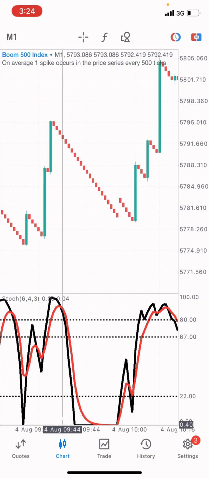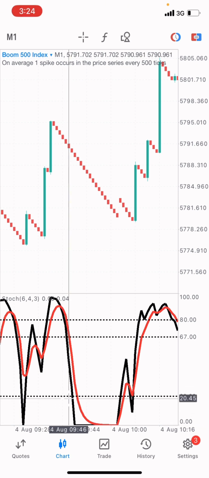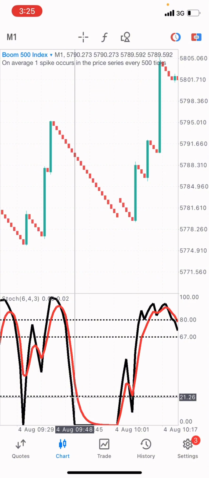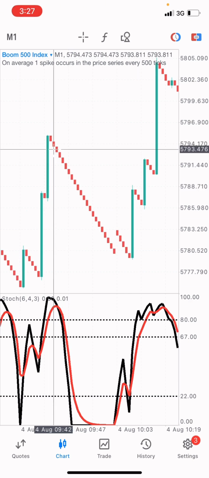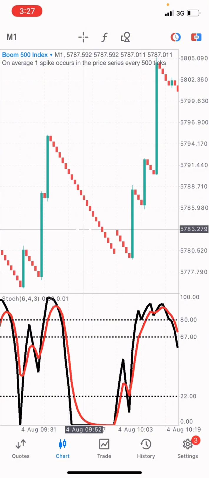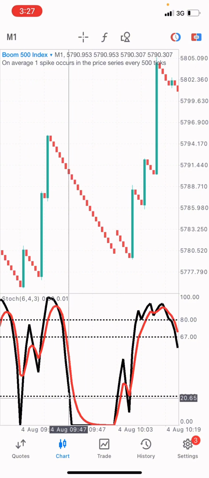Now there might be an instance whereby even after this line of the stochastic oscillator, which is this red line, and the black line has gotten below this level of 22, the market can still continue to sell. But you can see that even though you have placed a sell at this point, from here downwards to this point here, you would have gotten up to 6 candlesticks as profits from the market.